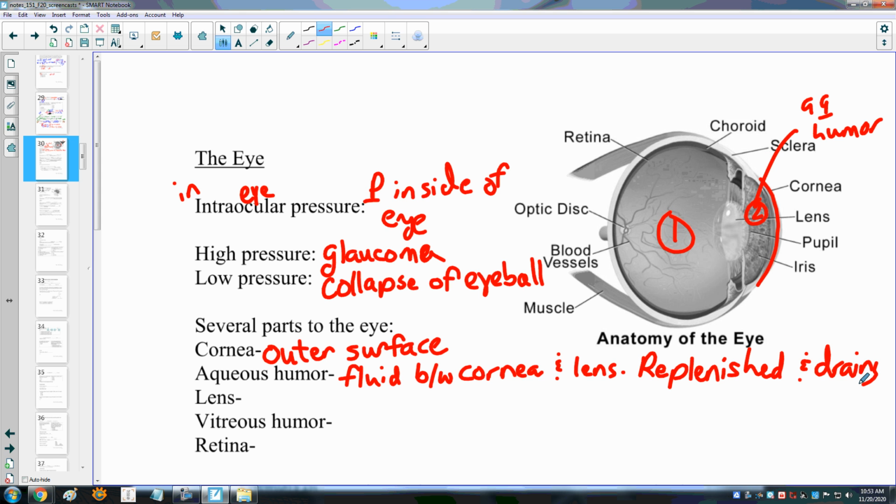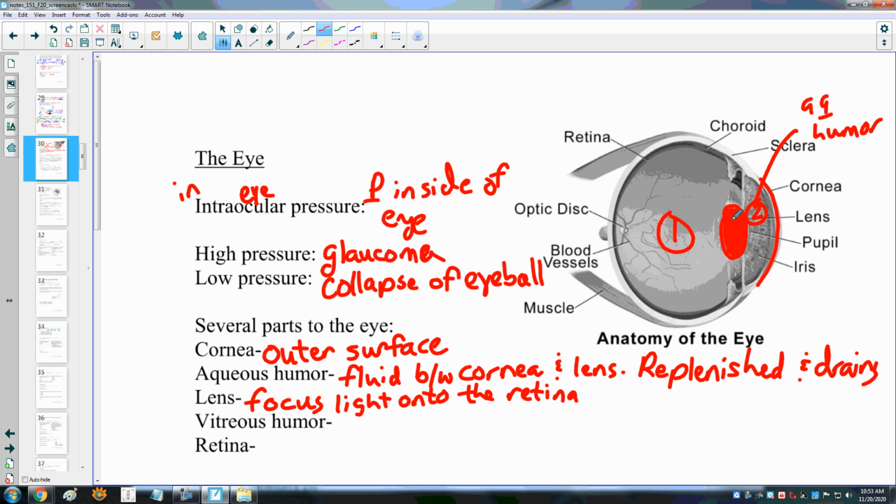And then the lens helps to focus light onto the retina. We'll talk more about the lens later, but it's right here. Really a remarkable thing that is flexible and it can be squeezed or stretched out and it changes the focal length.